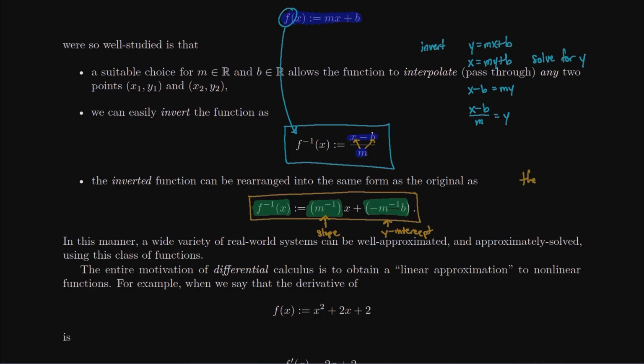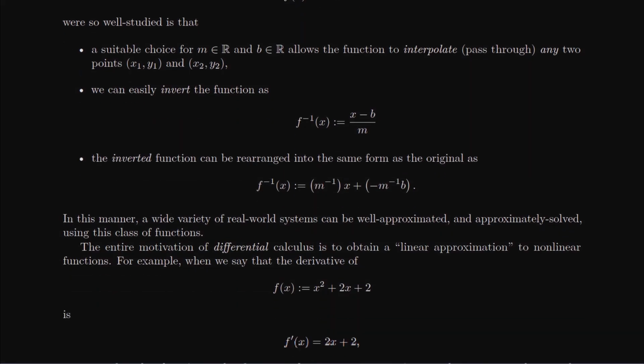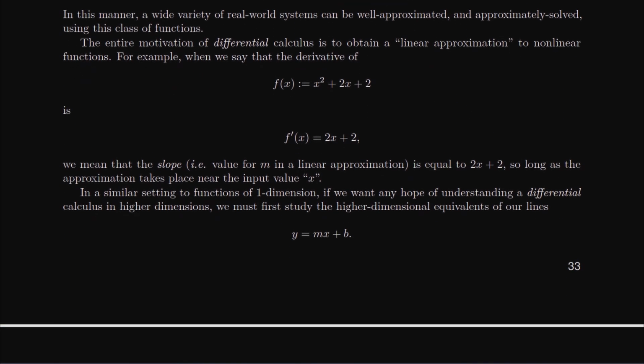In other words, the inverse of a one-dimensional line is a one-dimensional line. So these functions, y equals mx plus b or f of x equals mx plus b, are really well behaved under inversion. And what that means is you can solve linear equations quite easily. The solution to a linear equation is a linear procedure. And that's why it's the first function that we experience in high school.